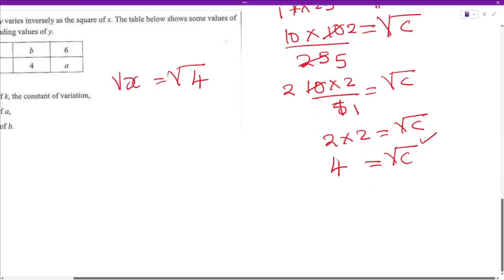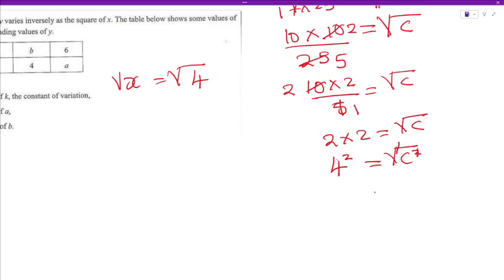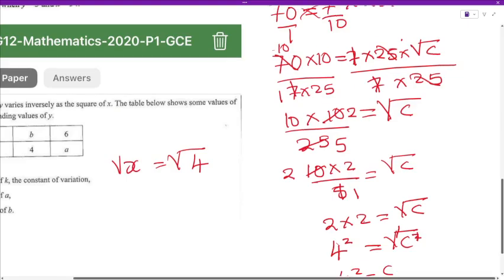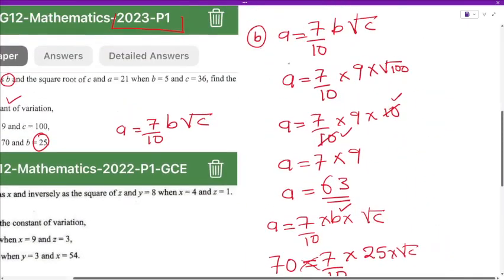All you have to do here is introduce a 2 there and a 2 there, so that this one and that one can cancel. You're basically doing the opposite. Then you ask yourself, what is 4 squared? 4 squared is just 16, and you are done. As simple as that. We now go to the next question.